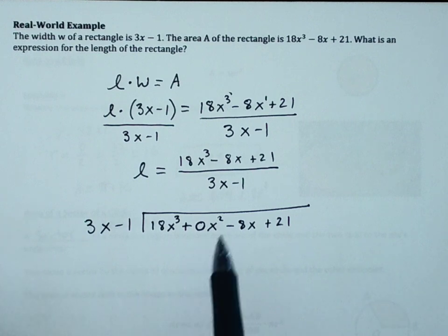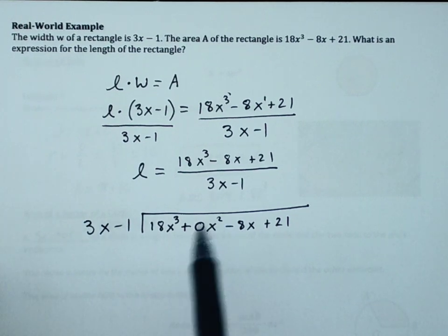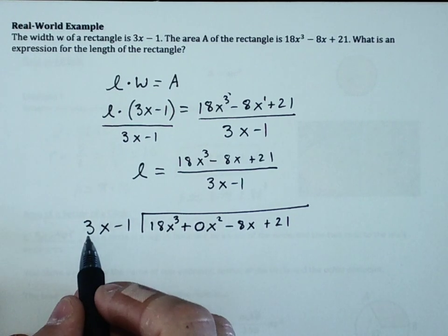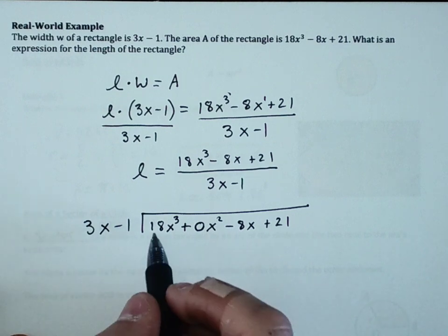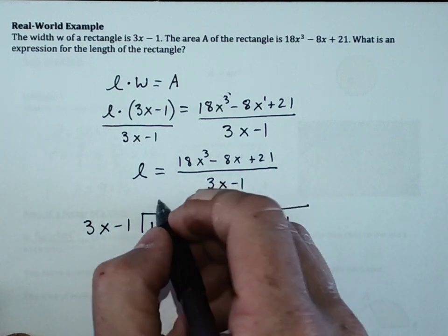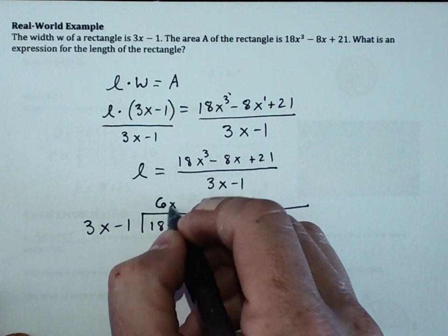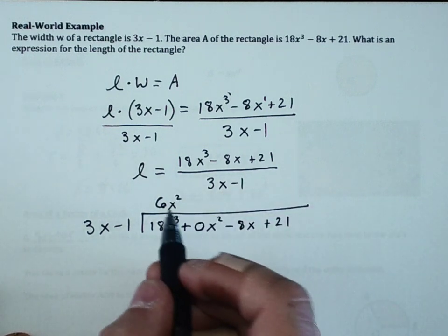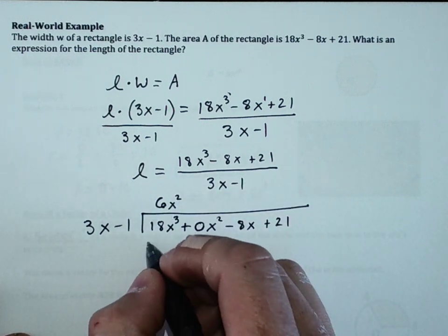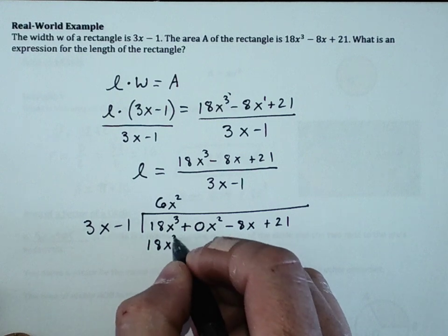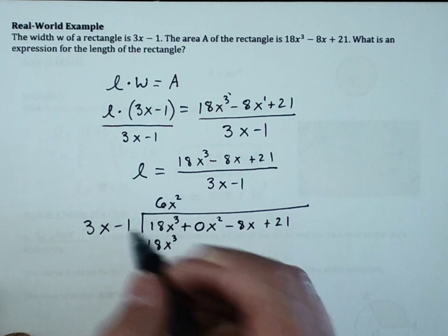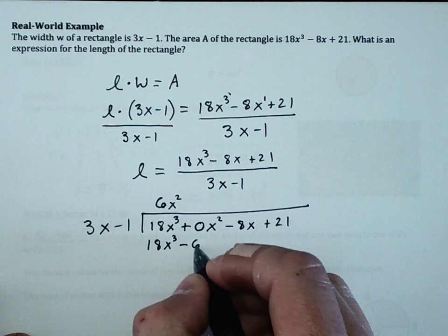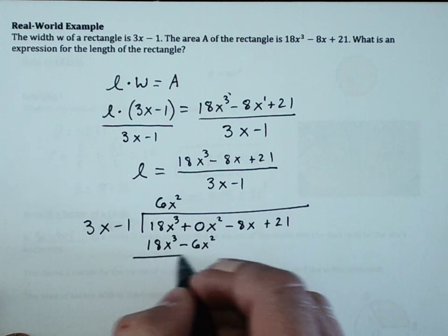You must put a 0 there. So what do I multiply 3x by to get 18x to the third? The answer is 6x to the second. 6x to the second times 3x is 18x to the third. 6x to the second times a negative 1 is a negative 6x to the second.